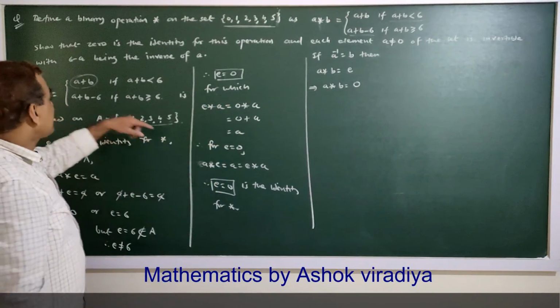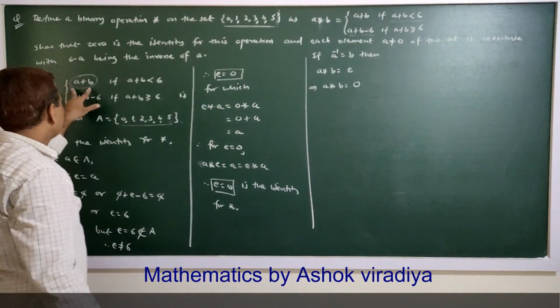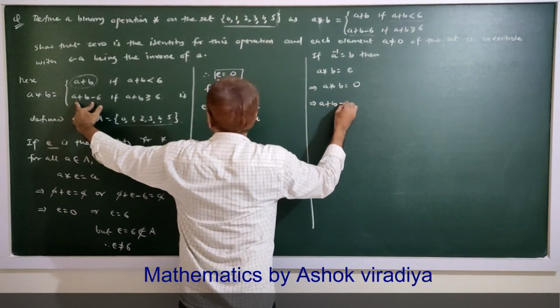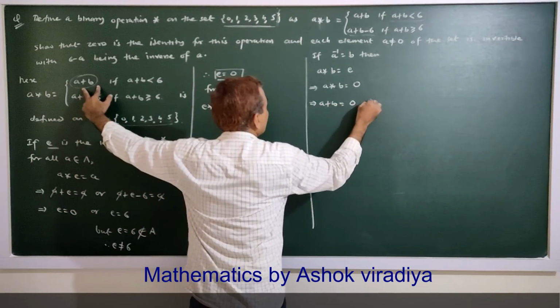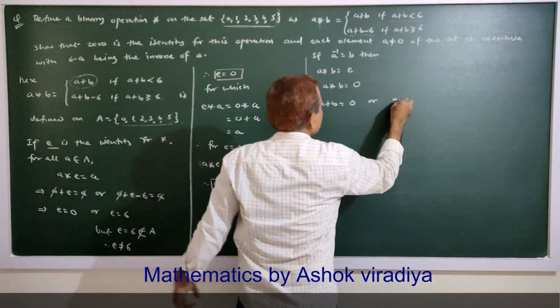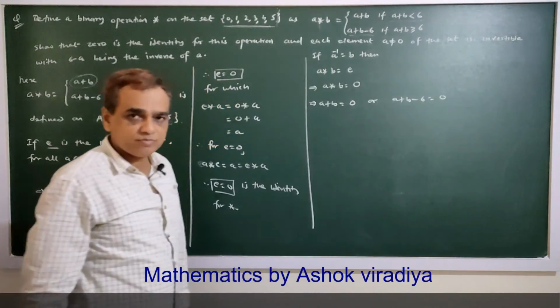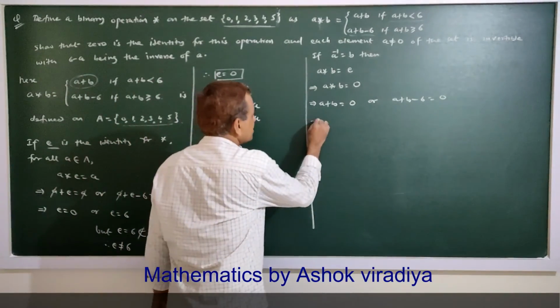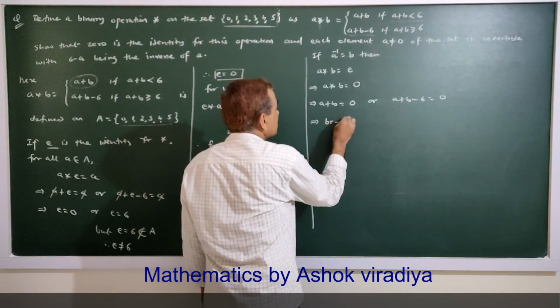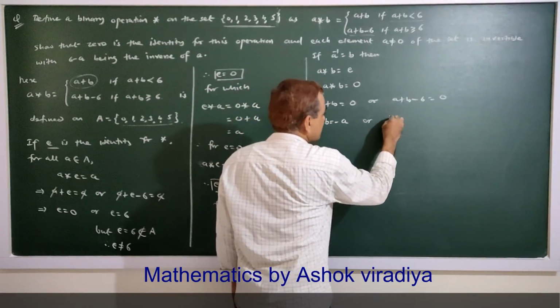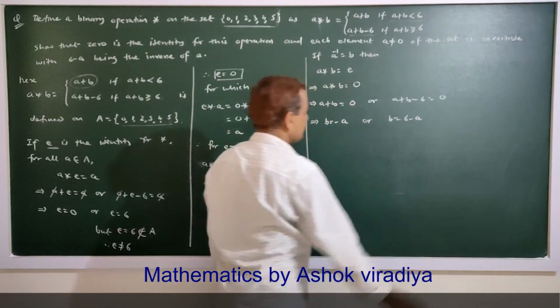Now A star B, there are two possibilities. That means A plus B equal to 0 or A plus B minus 6 equal to 0. That means B is minus A, or B is 6 minus A.